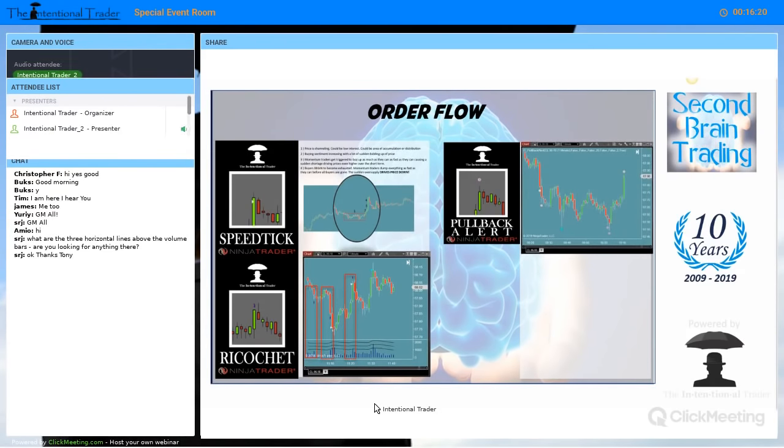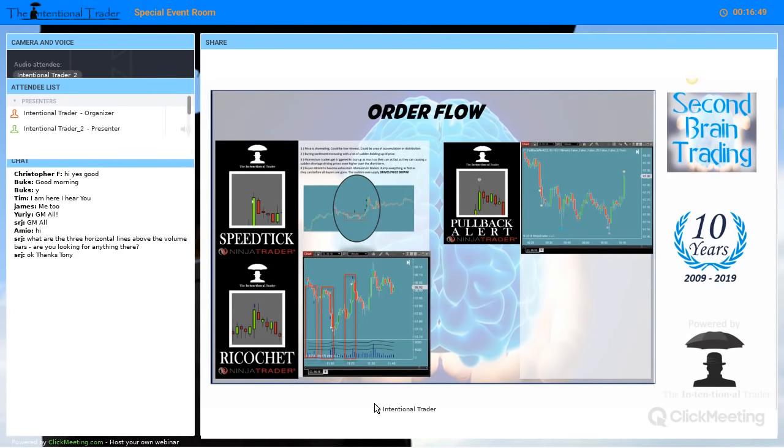All right, then we have the pullback alert. The pullback, you noted it on Thursday. I talked about climactic bars and climactic volume. This is where we're looking at climactic volume, but not just the fact that it's climactic.